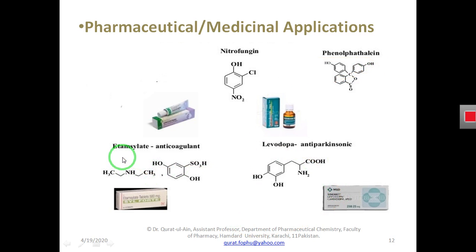However, atamycilate is an anticoagulant agent. It is used to clot blood. Phenolphthalein is an indicator for acid-base titration, but this compound, based on the phenolic moiety, is used in pharmaceutical industries as a raw material because it has laxative effects.